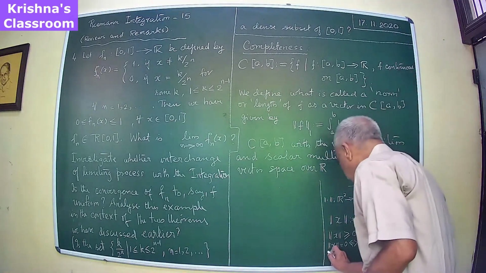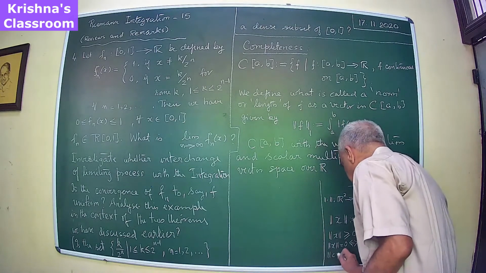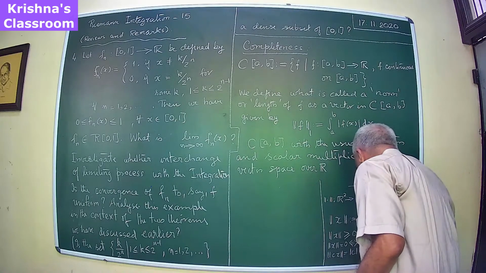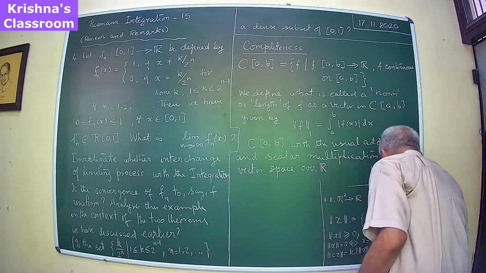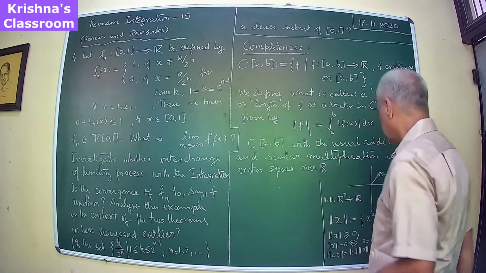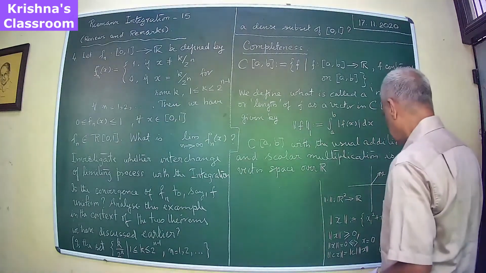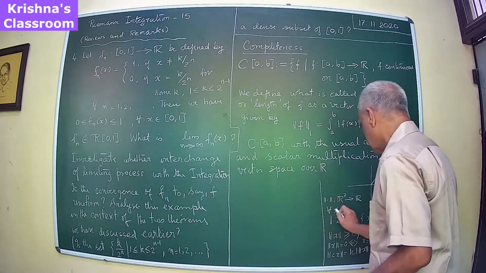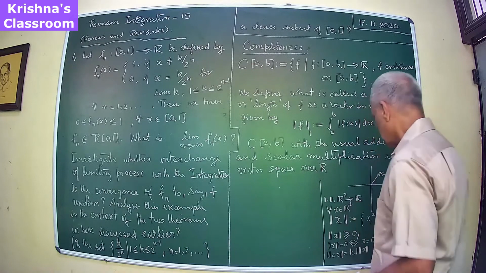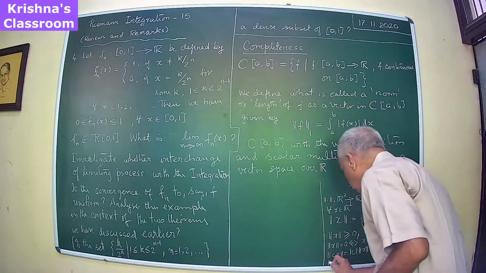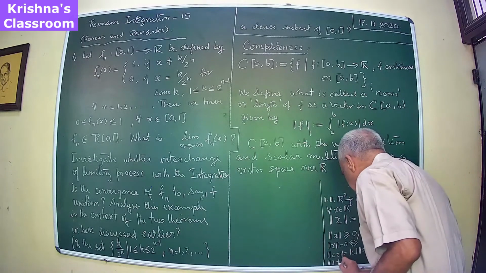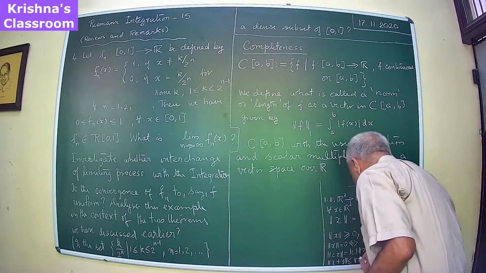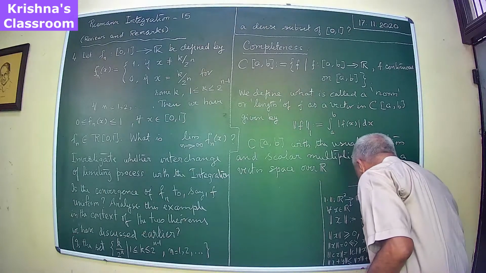Then norm of Cx equals mod C times norm of x, C belonging to R. Then you have norm of x plus y is less than or equal to norm of x plus norm of y.